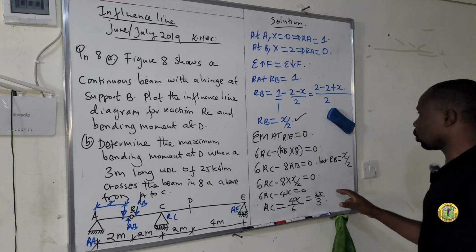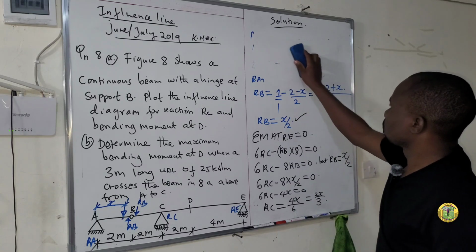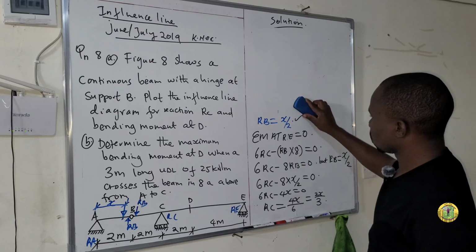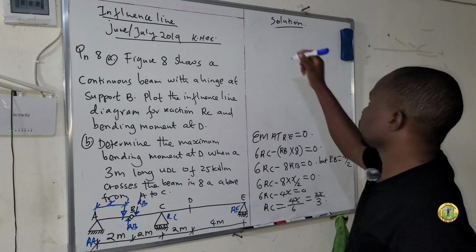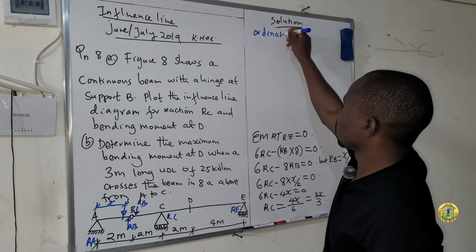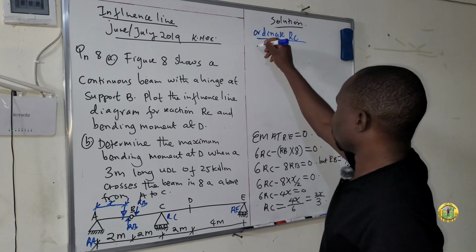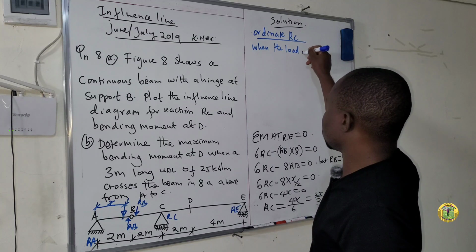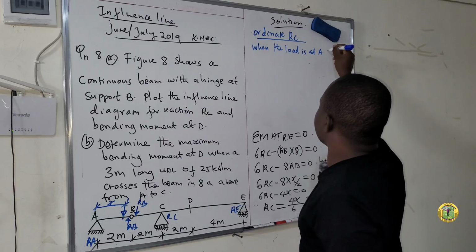So let's go to the ordinate for RC. For RC, when the load is at A, x is equal to 0.